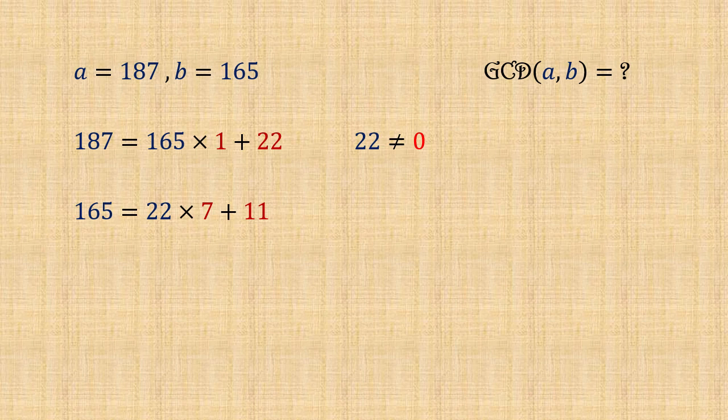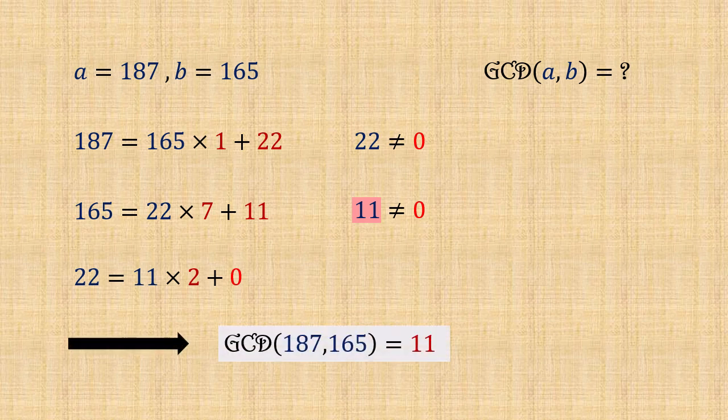We can see that the rest of this Euclidean division is 11. And once again, since 11 is different from 0, we do the Euclidean division of 22 over 11. We finally notice that the rest of this last Euclidean division is equal to 0. In this case, the last rest different from 0 we obtained is 11. So we deduce that the greatest common divisor between 187 and 165 is 11.